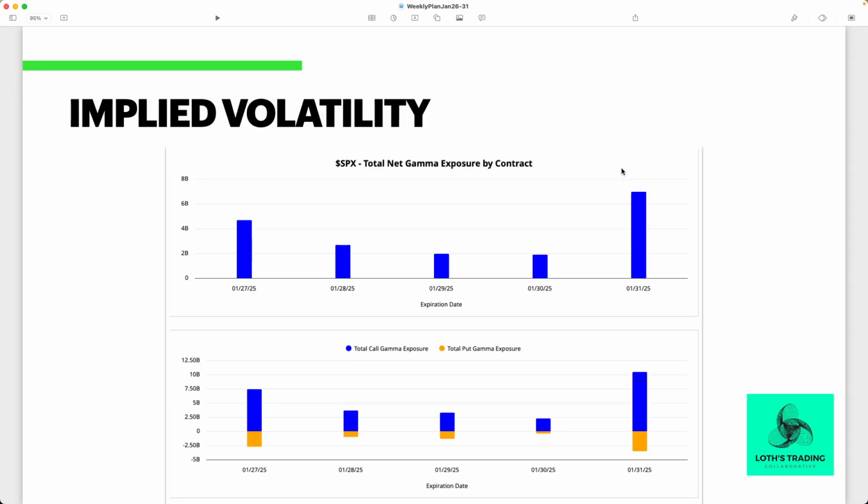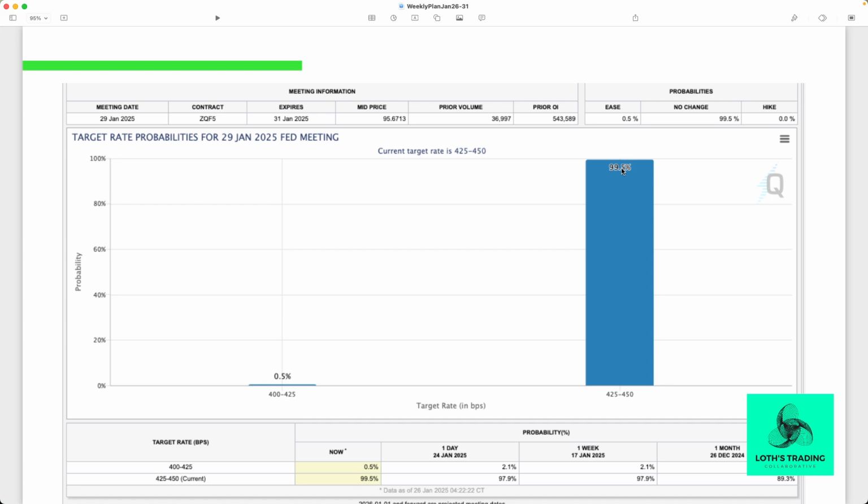If you go back to the macro here, this is the Fed tool to look at the interest rate outlook. There's not much change expected for this month. So most, 99.5% odds, there'll be no rate hike or cut.